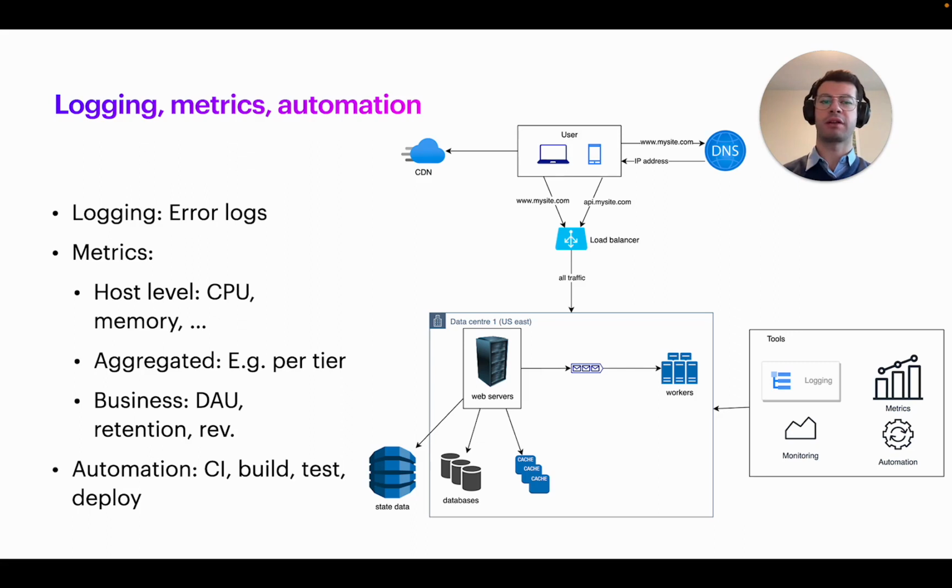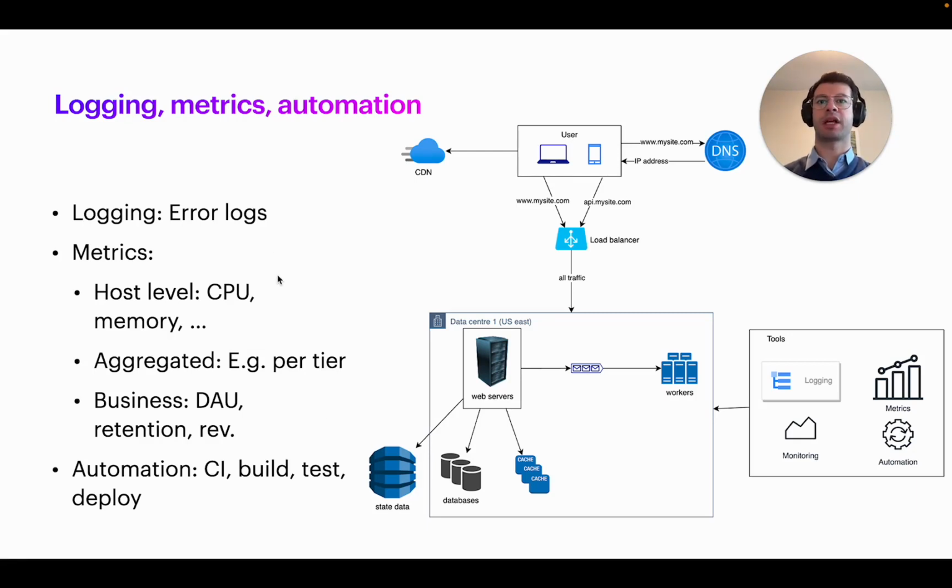Let's talk about the different kinds of metrics that we can collect. We can collect host-level metrics: CPU, memory, disk input/output, and things of that nature. We can aggregate those metrics into an aggregated metrics server, possibly.